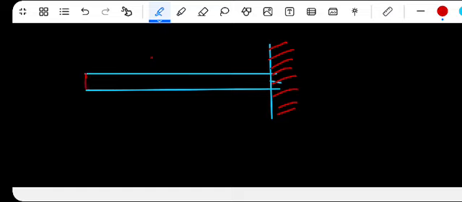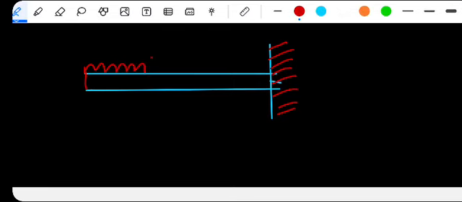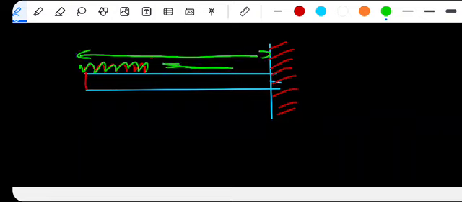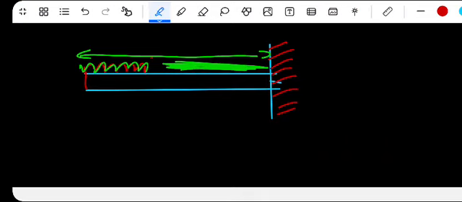This will be a problem here. You cannot just say from there until there, because here we have free, there is no distributed load. This will be very impossible.